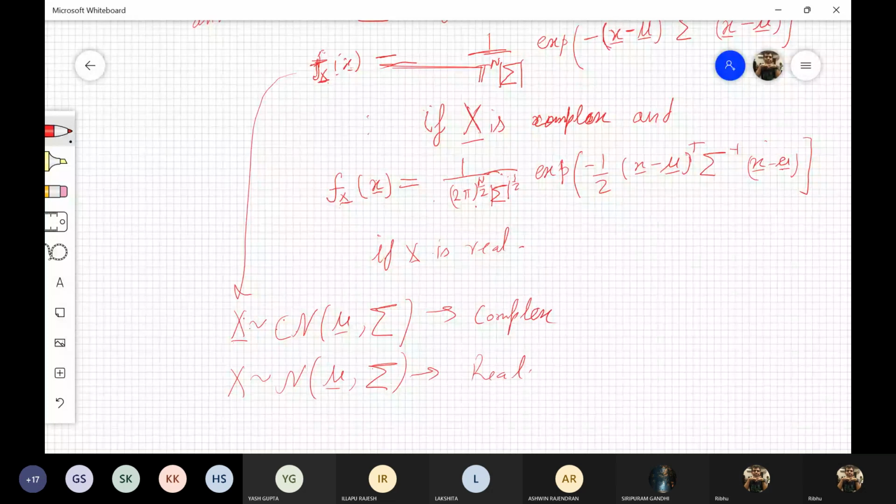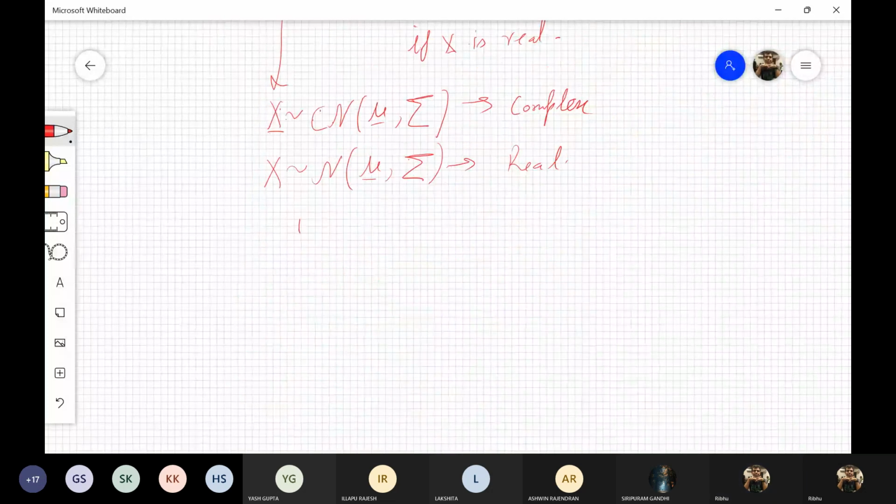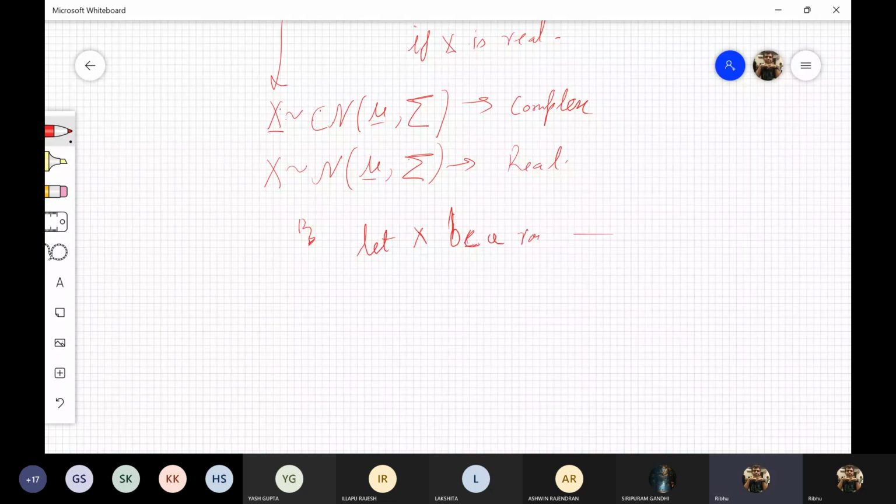So let x be a random vector with covariance matrix sigma.